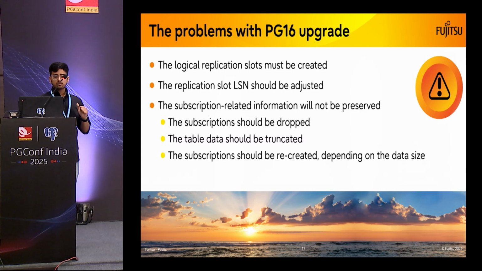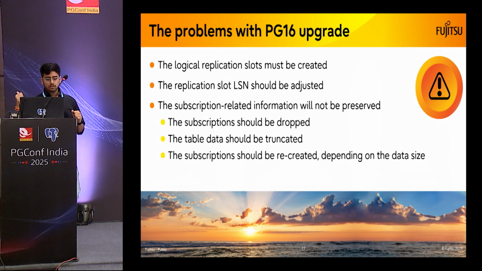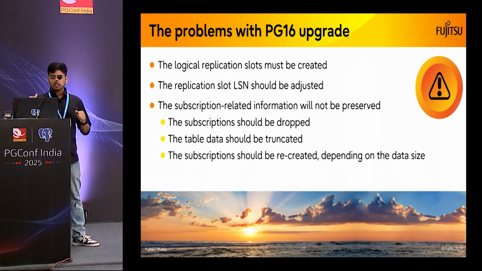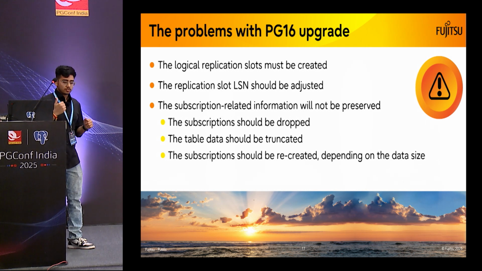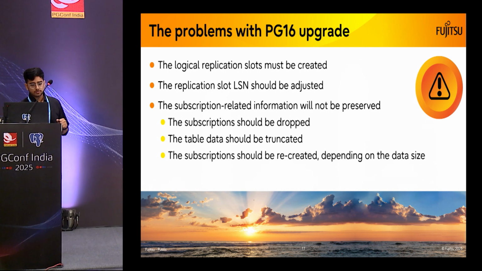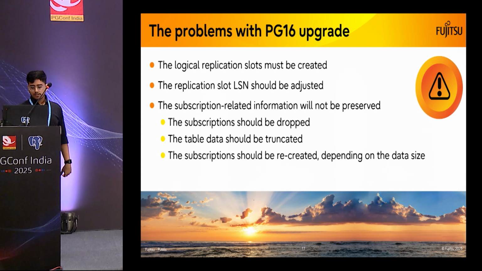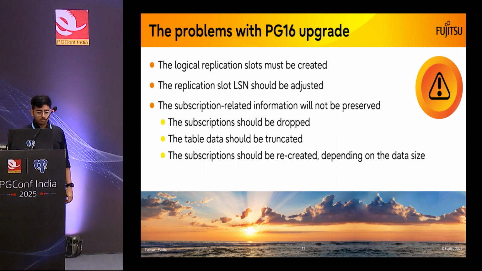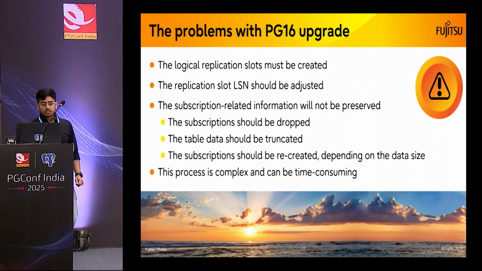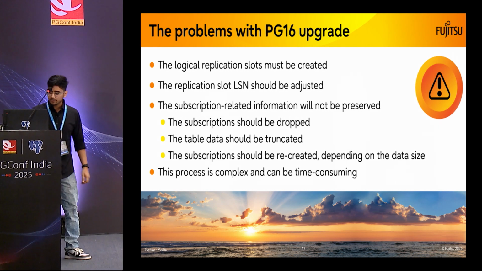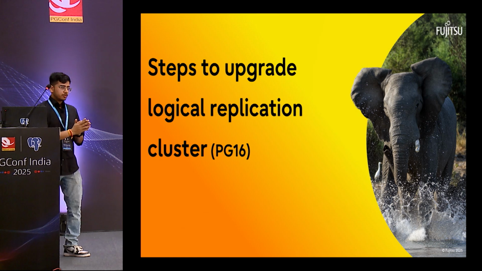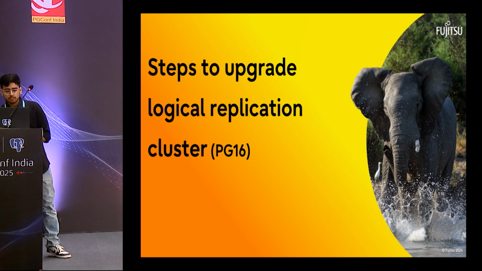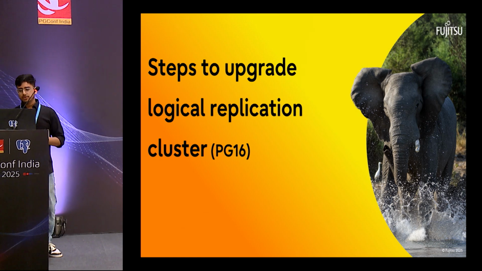And also during steps 7 and 8, we saw that the subscription related information is not preserved. So we need to drop the subscription and recreate it. Also we need to truncate all the data from all the tables. So this process is complex and can be time consuming. These were the problems in upgrading streaming replication clusters till PG16.